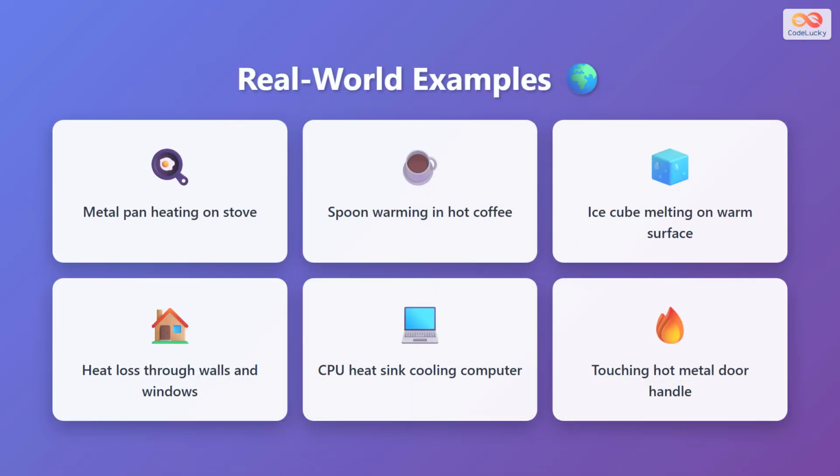Conduction is happening all around us in everyday situations. When you place a metal pan on a stove, heat conducts from the burner through the pan to cook your food. A spoon placed in hot coffee gradually warms up as heat conducts from the liquid through the metal. An ice cube melting on a warm countertop is absorbing heat through conduction. In buildings, heat loss occurs through walls and windows via conduction, which is why insulation is important.